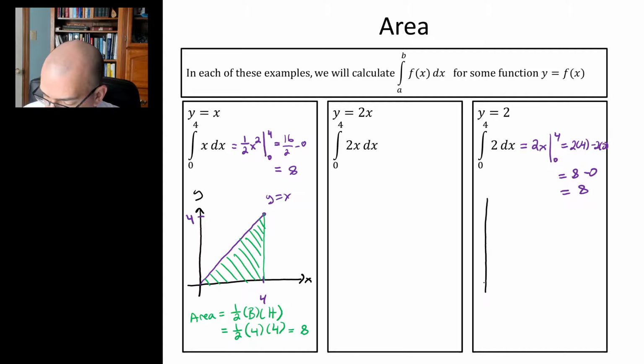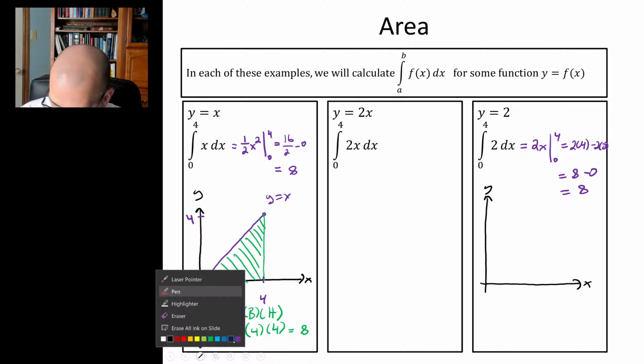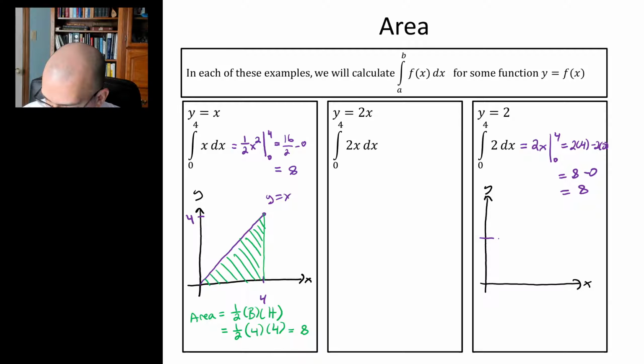What is y equals 2? What does that mean? What is the graph of that function? So y equals 2 is a horizontal line, constant y value of 2. Now we're going from 0 to 4. So I'll put 4 down again.